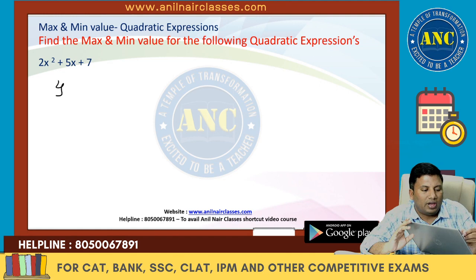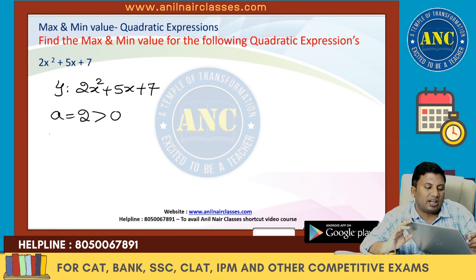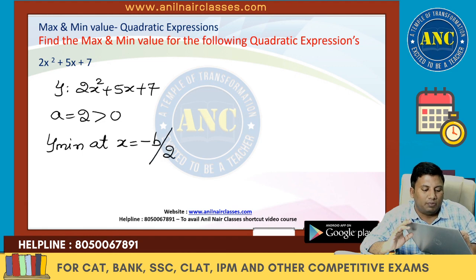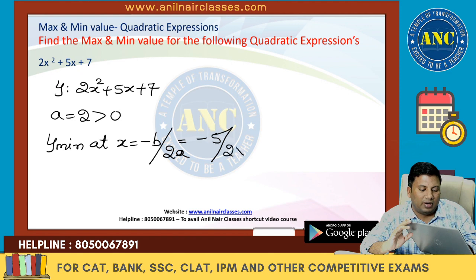So, y is nothing but 2x square plus 5x plus 7. A is 2, which means it is greater than 0. I can only determine y minimum at x equivalent to minus b by 2a, which is minus 5 by 2 into 2, which is nothing but minus 5 by 4.